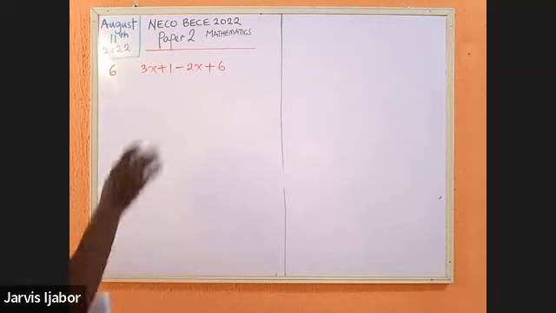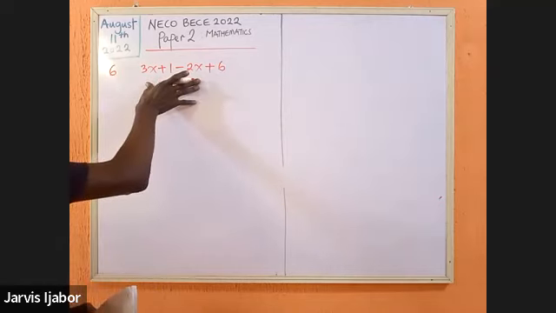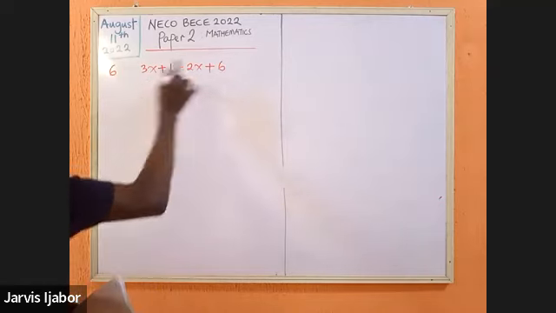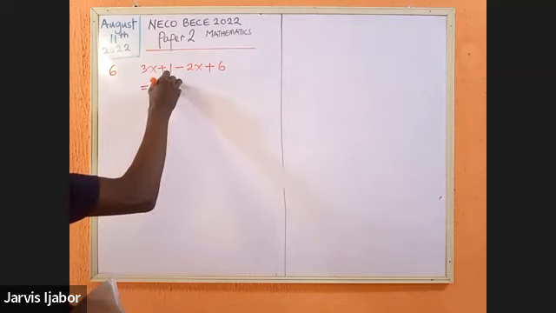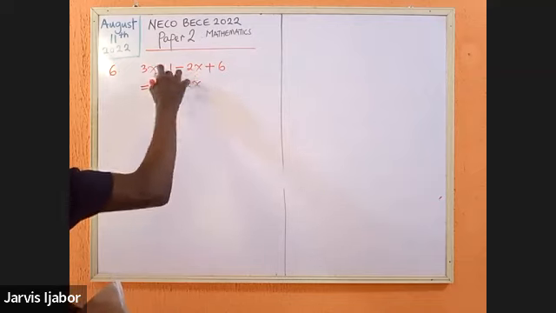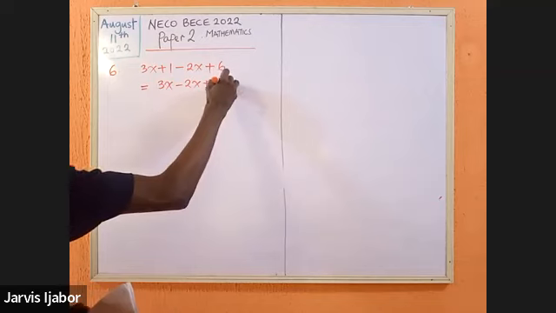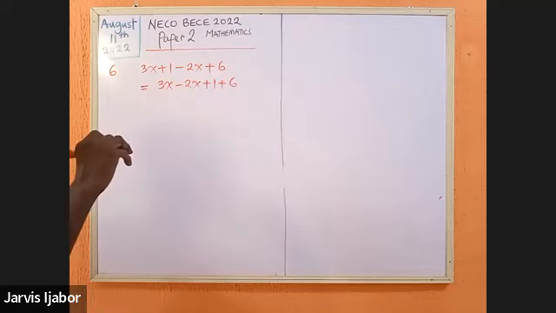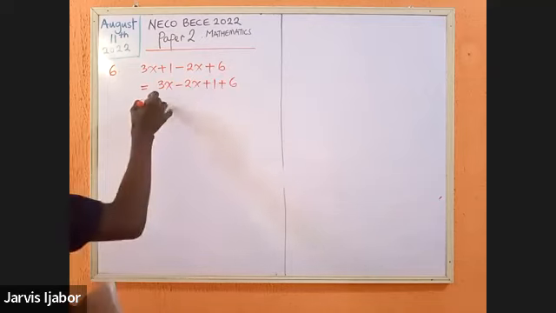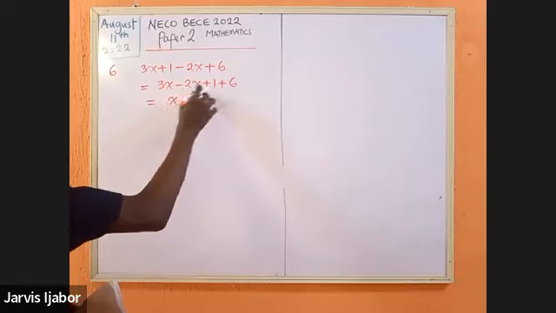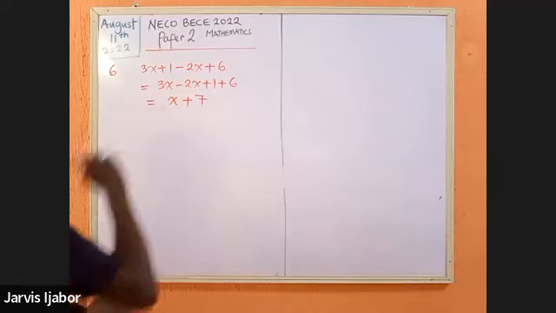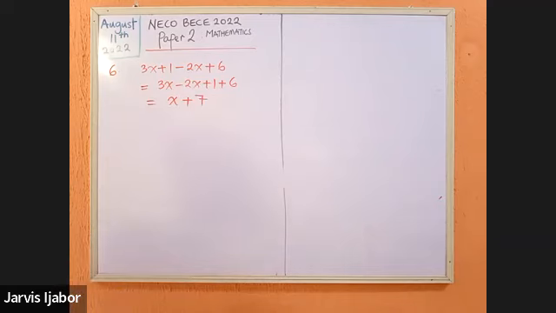So to look for the coefficient, the first thing you must do is to rearrange this. This will be 3x minus 2x plus 1 plus 6. Are we together? Then the next one becomes what? x plus 7.